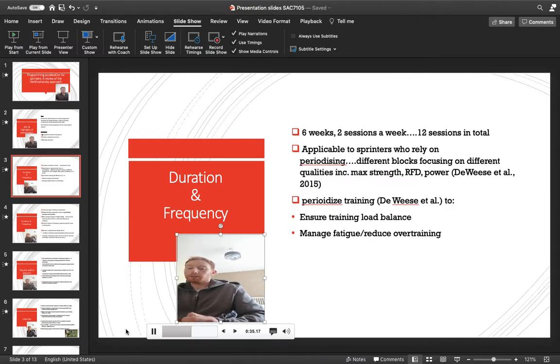And so we can see if they're going to have lots of different training units throughout the year, we want to really try and periodize these so that we have specific blocks for each of the qualities that we're developing for the two different phases of the sprint. So you can see here it's really important to plan out the training quite specifically for sprinters to ensure that they are not overtraining or managing fatigue by ensuring that the training load is balanced out.